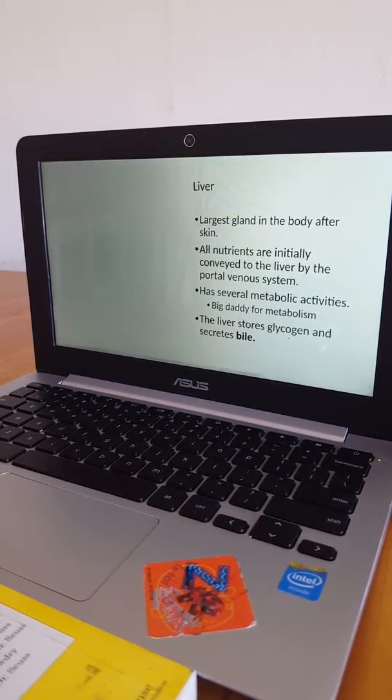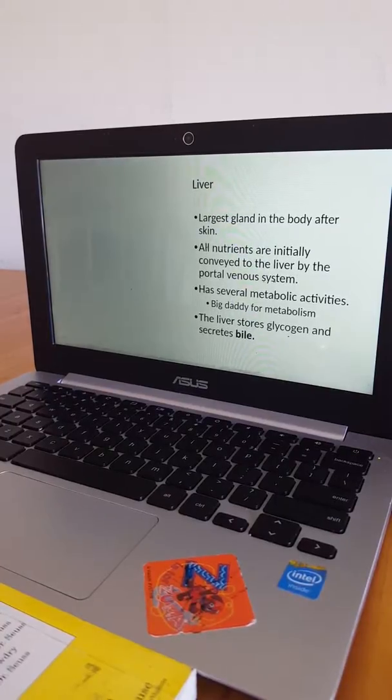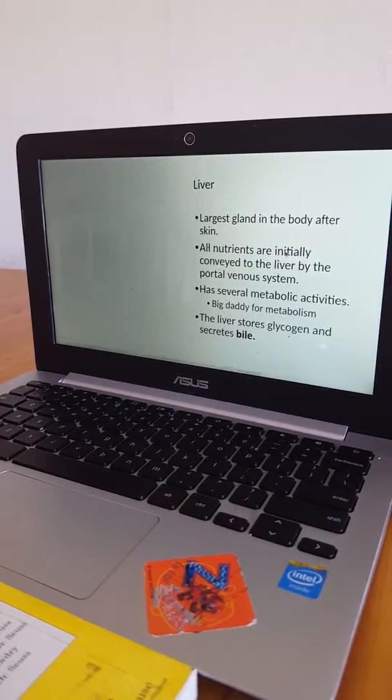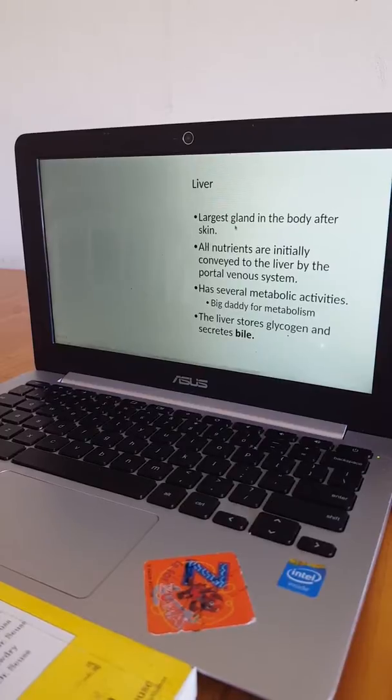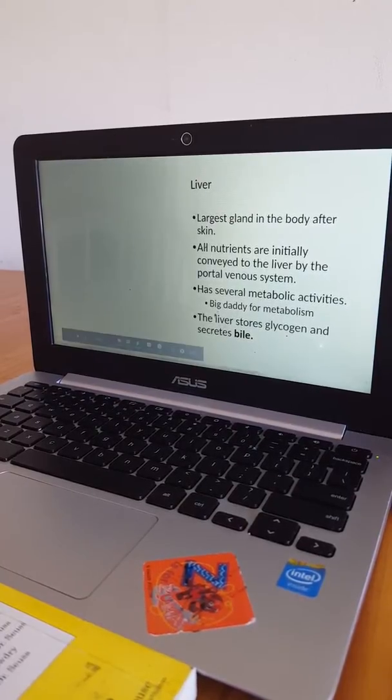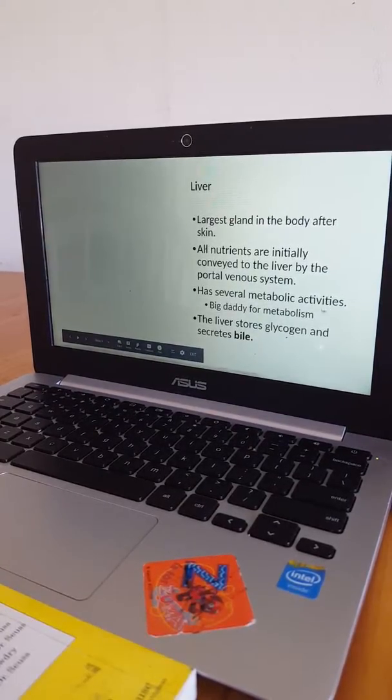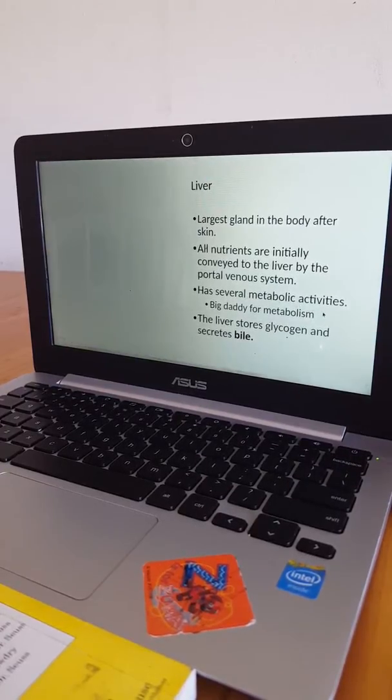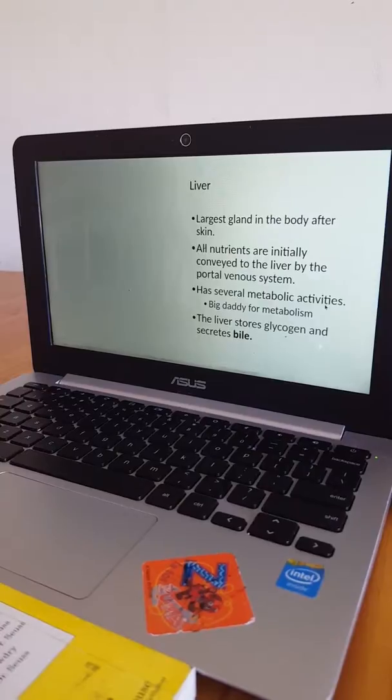All nutrients are initially conveyed to the liver by the portal venous system. All of the blood comes to the portal vein and then goes to the liver for purification, and then has several metabolic activities. So it has metabolism, metabolic enzymes, and also detoxifying mechanisms.